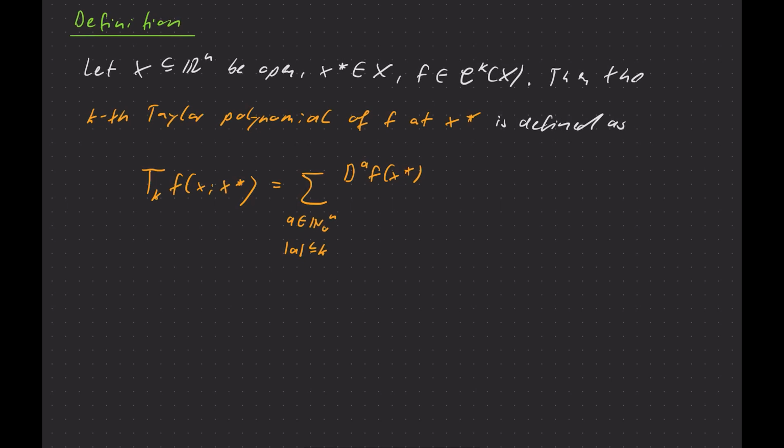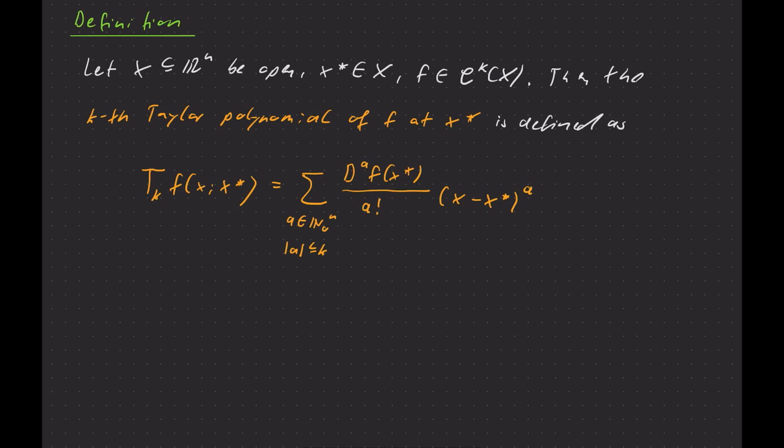So we replace that with all pure and mixed derivatives of degree a. We divide that by a factorial. And again, we replace the simple n factorial by a mixed factorial, possibly. And we multiply that with (x minus x star) to the power a. So again, a mixed power replaces the normal power n.